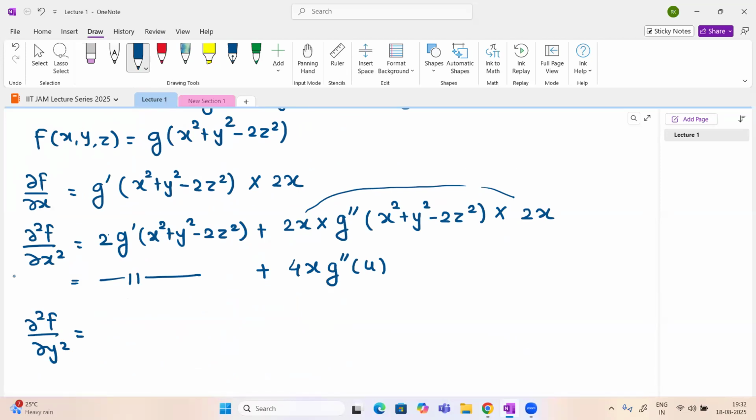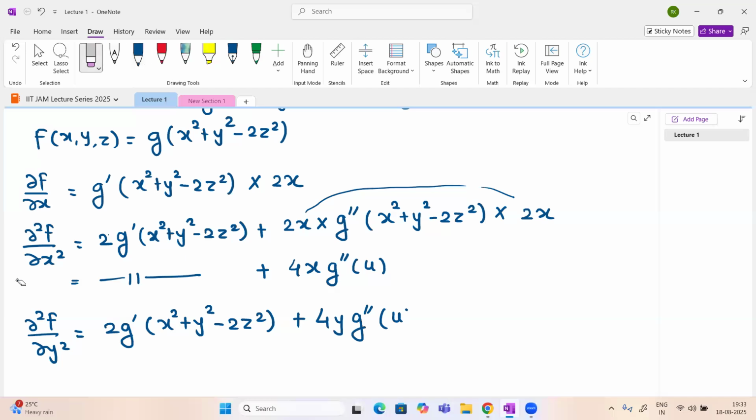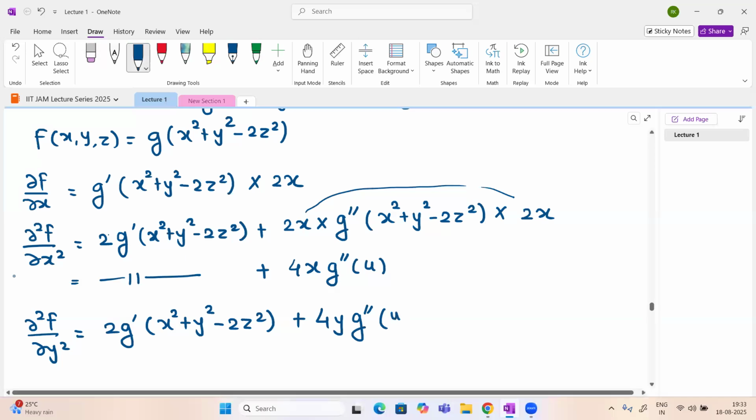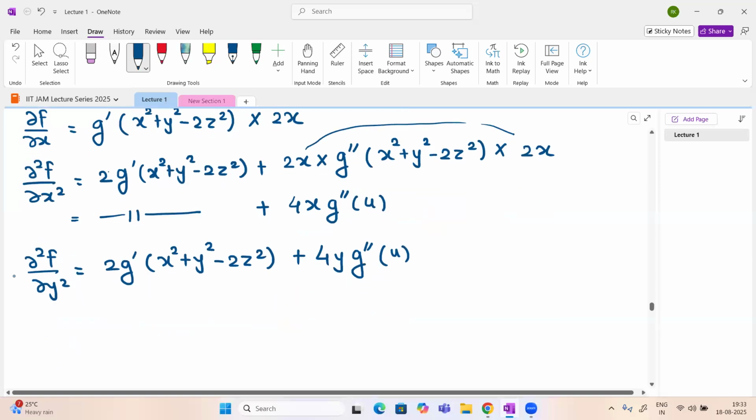Will you directly guess it? It will be 2g dash of x square plus y square minus 2z square plus 4y, 4y, sorry, z double dash of x square plus y square minus 2z square. That I have called u here. Instead of writing all these things again and again, I called it u, right?